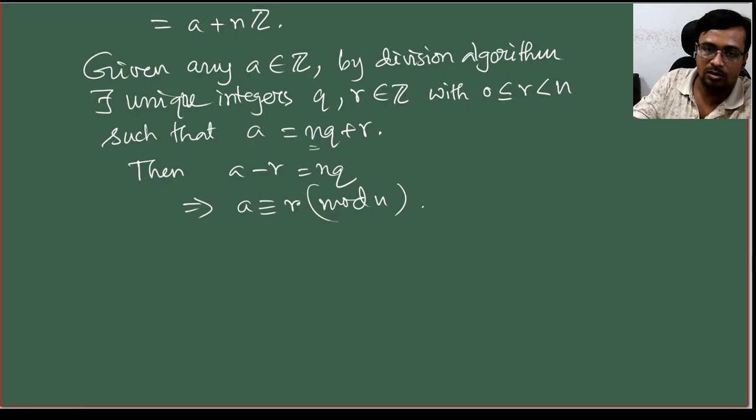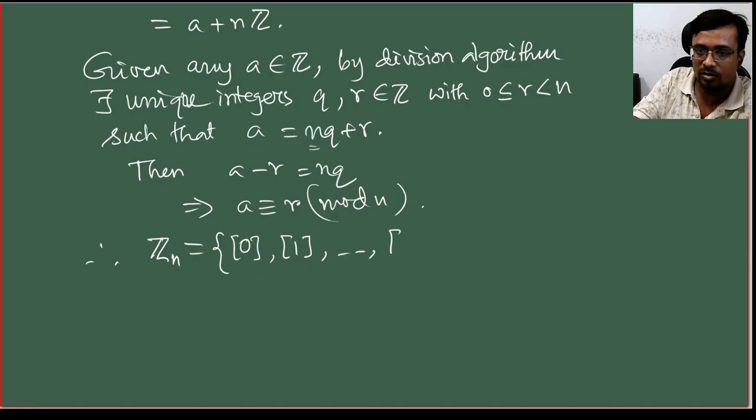So if I take Zn to be the set of all congruence classes of integers modulo n, then this contains exactly the class of 0, class of 1, class of 2, and so on up to class of n minus 1. So there are exactly n many elements, and each of these elements can be denoted by the class of its residue modulo n.